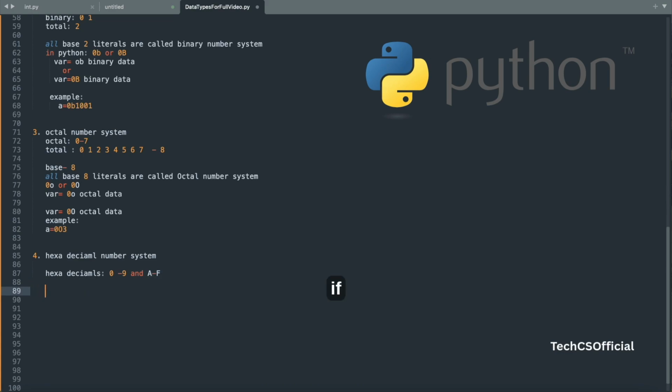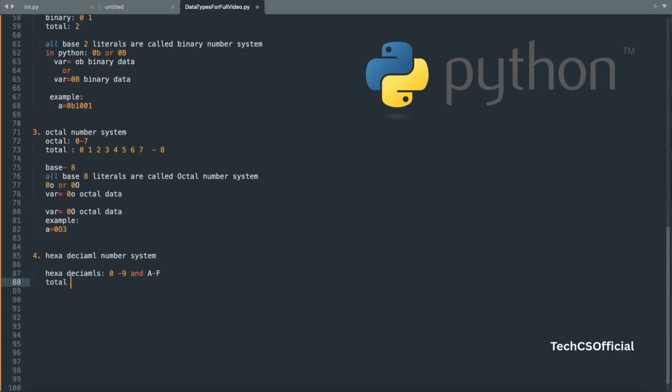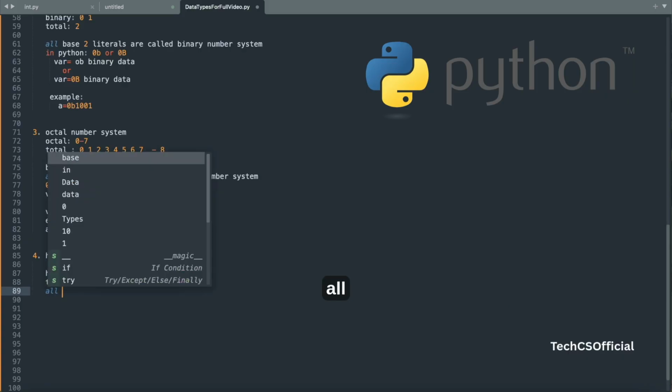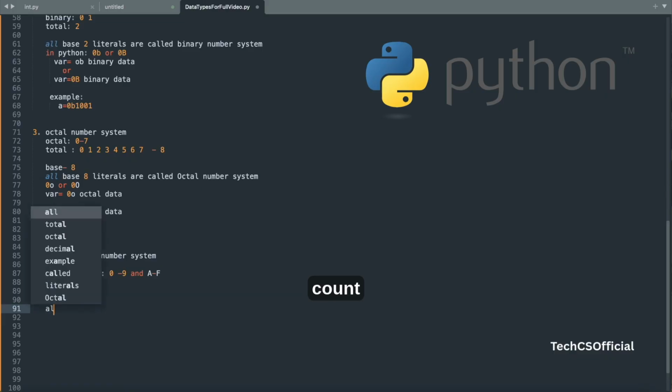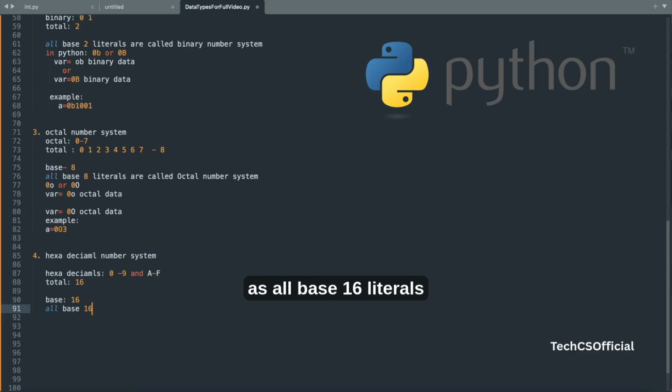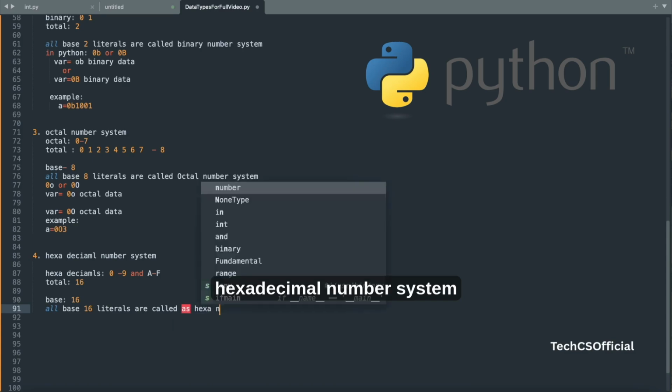Total was 16, so the base is 16. All base 16 literals are called hexadecimal number system.